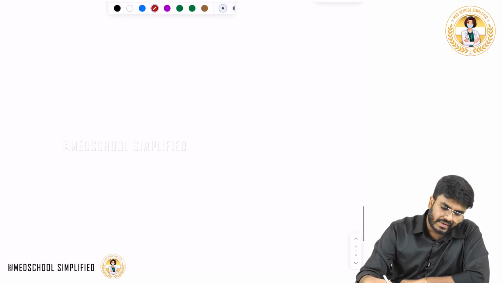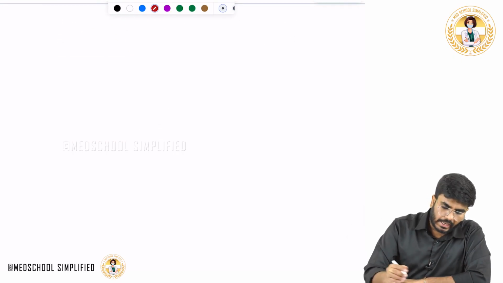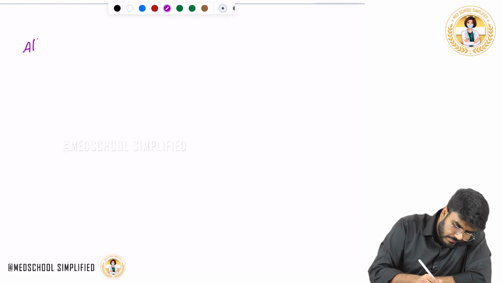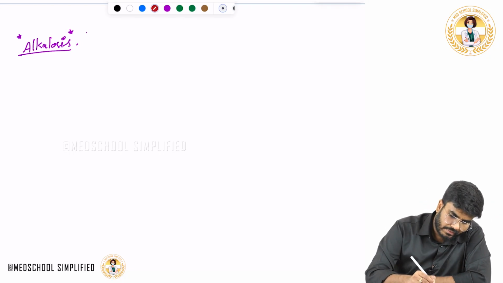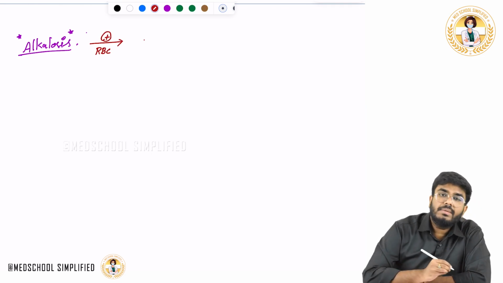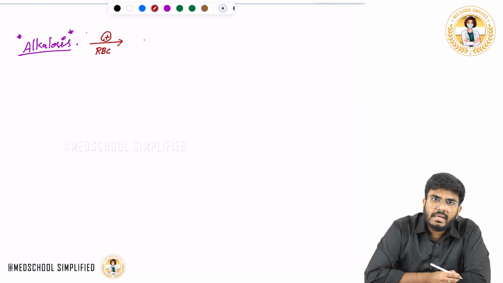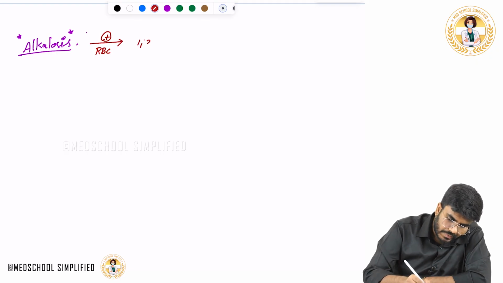Now what other effects will be seen in the body because of this high altitude? See, the patient is having alkalosis, right? Look carefully. Whenever there is alkalosis, in the RBC, the patient is going to produce something called 1,3, not 1,3, 1,2 bisphosphoglycerate.